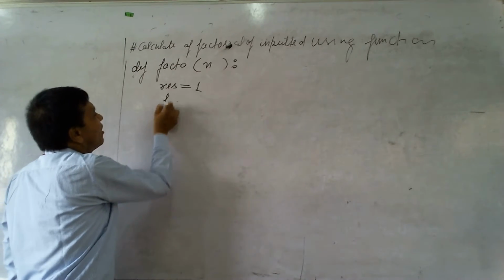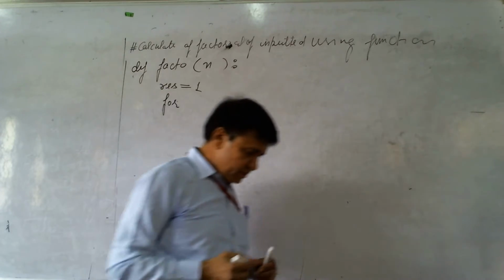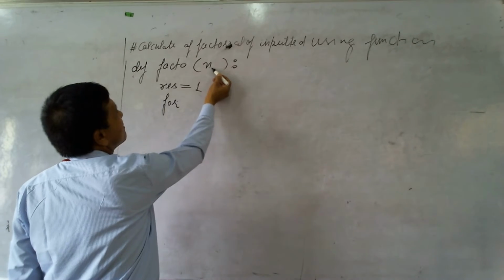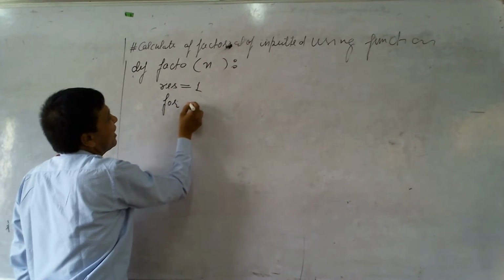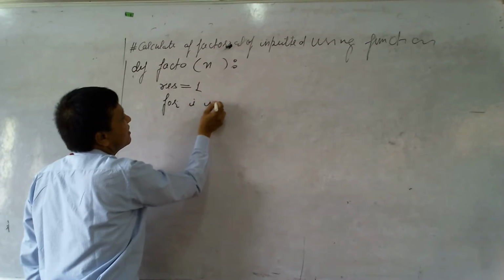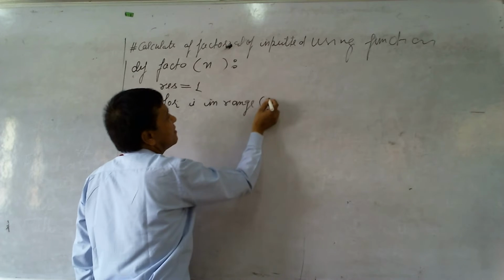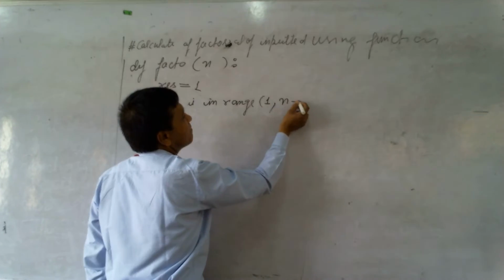Now the for loop, which I am using to calculate the factorial of this variable. So I will use here for i in range, and the starting value is 1 and the last value is n plus 1.